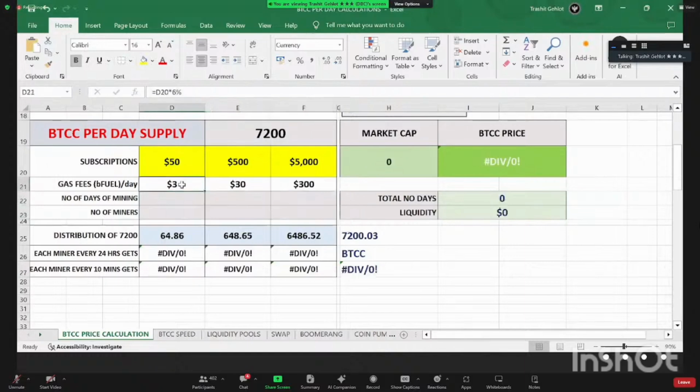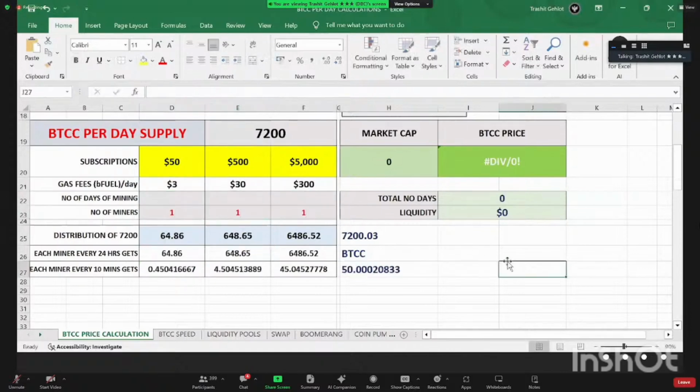Assume that today is 2nd of October, when our blockchain is being launched, and there are only three miners, one of $50, one of $500, and one of $5,000. The supply is 7,200, and depending on hash power, this is distributed amongst the three miners.